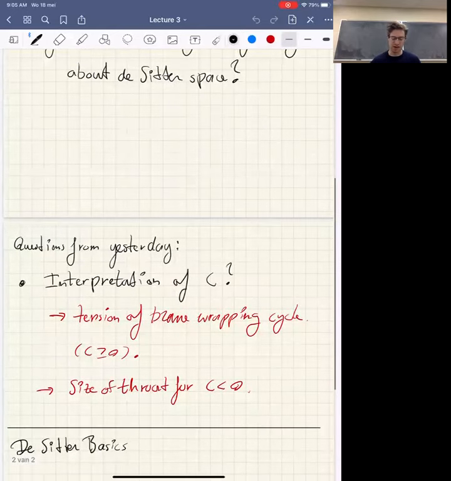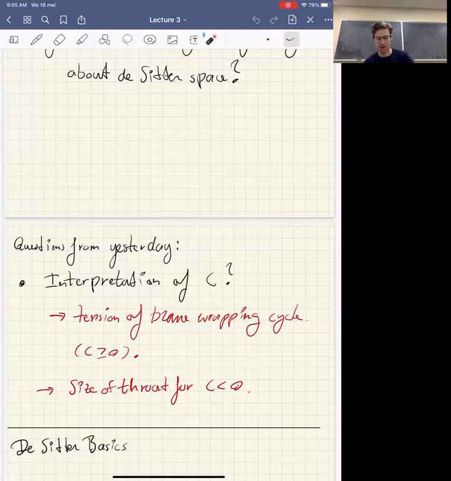What we saw yesterday is that we had these particular gravitational instantons that could give rise to contributions to the axion potential. So one question is, what is the interpretation of this parameter C that appeared in the metric? I said it just appears as an integration constant, but of course it would be nice to have some more physical intuition. For C positive or zero, corresponding to these extremal instantons, C can be viewed as the tension of a brane that is wrapping a particular cycle.